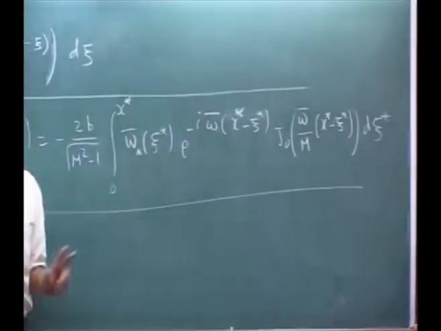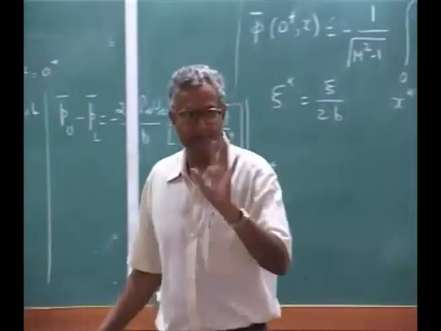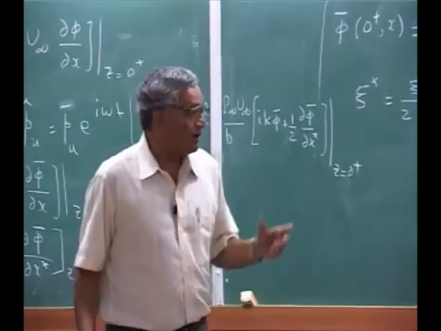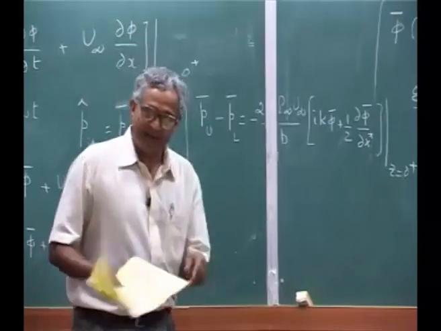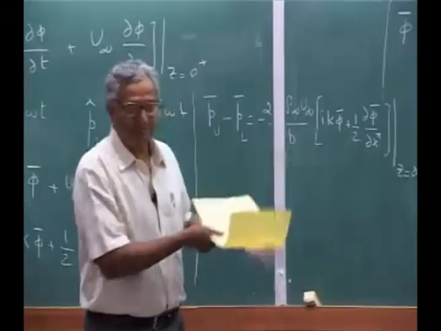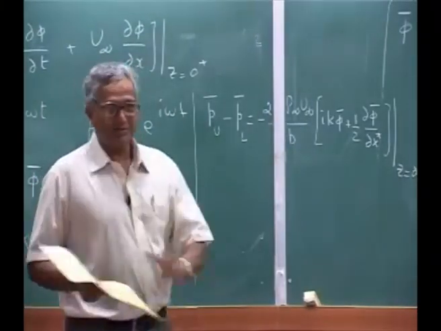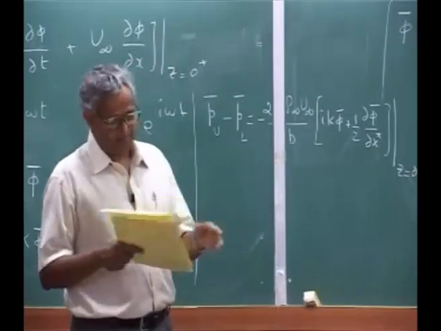That means for every omega bar, you will have a value. That is how the integrals are defined. Later you will learn how to apply this, if I have this type, how do I solve my flutter problem. That we will learn later. First we will get only the unsteady aerodynamic load.